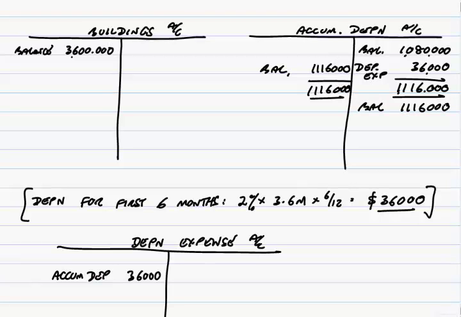Now, I'm not going to work out the difference, but 3.6 million less 1.1 million, about 2.5 million. We want to revalue it at, for some reason, 3.072 million.